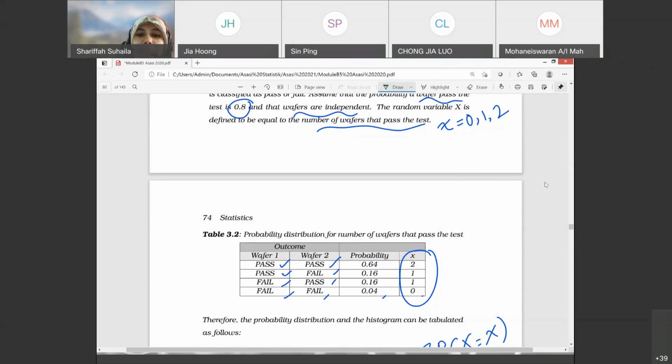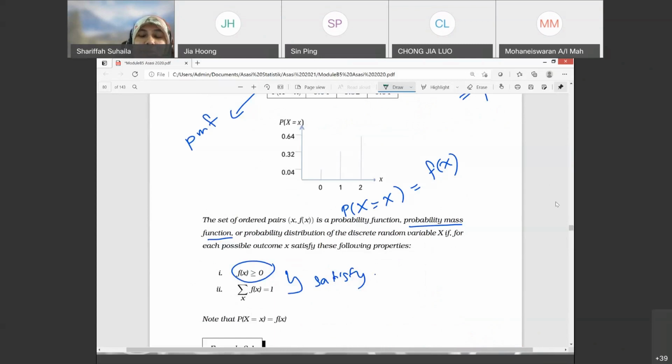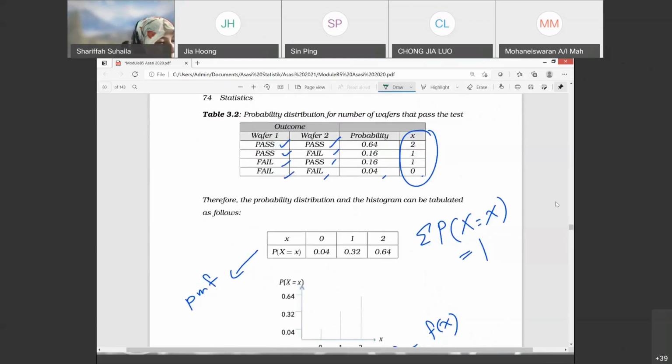So you will have probability X equals to 0, 1 and 2. Ini jawapan untuk part A, untuk question task 3.7A. Because number of wafers that pass can be either no wafer pass, only 1, ataupun 2 wafers pass the test. Now you want to compute capital Fx.